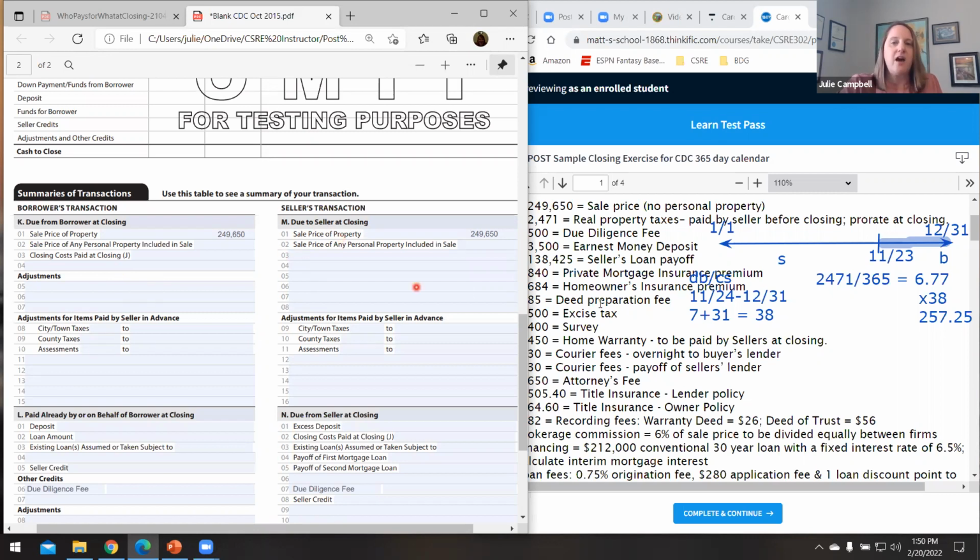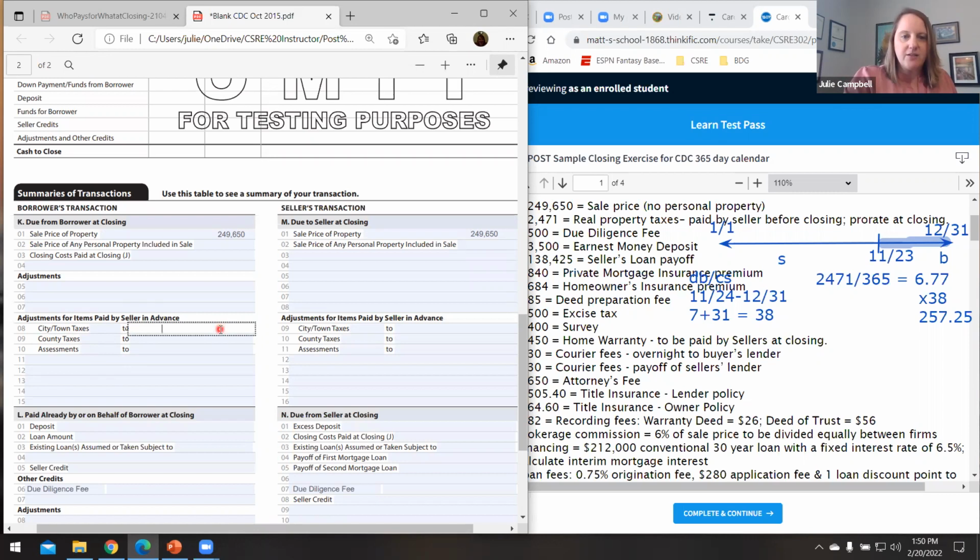So because we decided this is going to be a debit to the buyer, credit to the seller, and for our test, we're not getting the breakdown of city, county, school taxes, municipalities and fire. We're just getting one tax amount. In the real world, you may see these taxes broken down, but for our purposes we just have one amount.